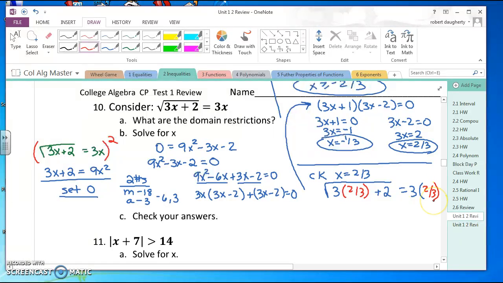So when I do that, this is 2 plus 2, that's the square root of 4, equal to 2, or 2 equals 2. That checks out.